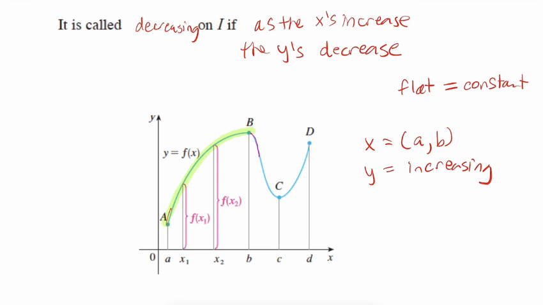Now let's take a look from B to C. From B to C, the y values are decreasing. And then from C to D, we're going uphill again.